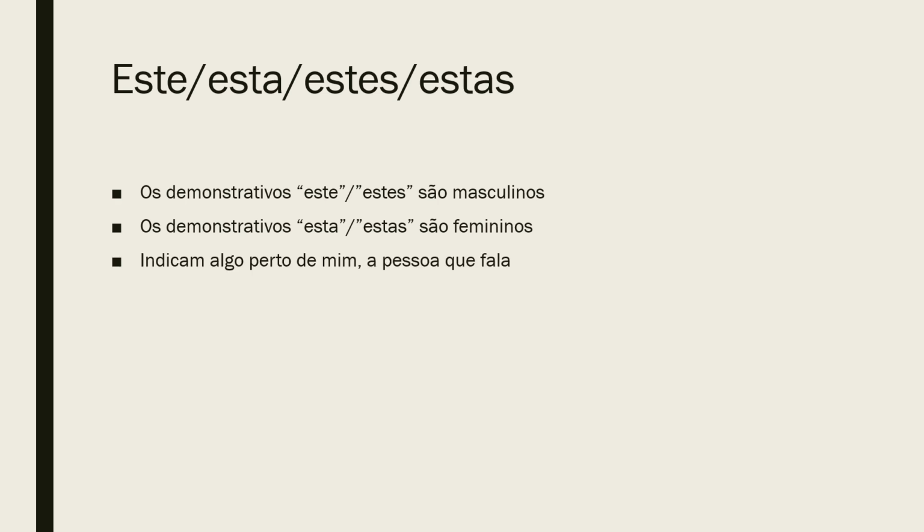What they serve for in this case is to indicate something that is close to me, the person that is talking. In this case, of course, events that are more close to the present, they can include not only me, the person that is talking, because time is the same for everybody, but more in regarding objects.